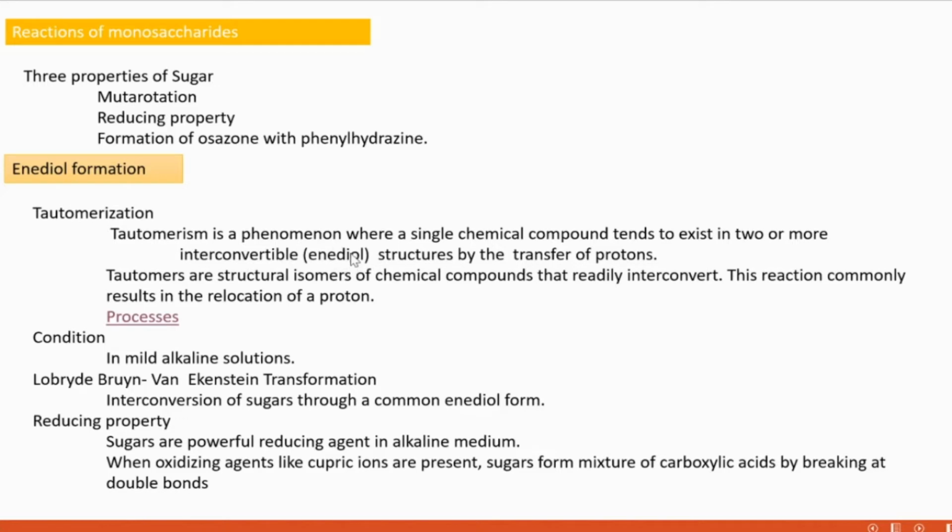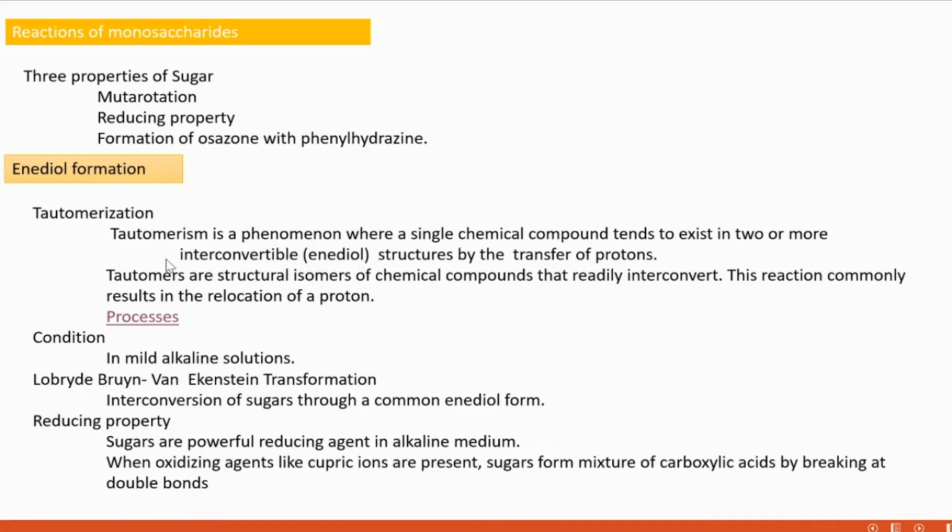That enediol form is interconvertible to another isomer of the compound by the transfer of protons. This is the process that helps in the interconversion of the first compound to its other isomer, through the formation of an interconvertible intermediate compound, that is the enediol.